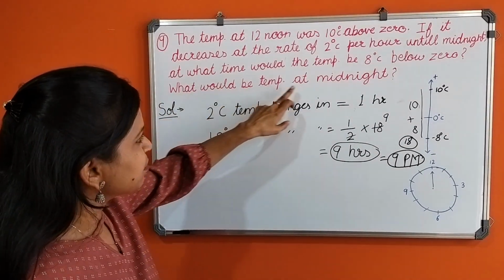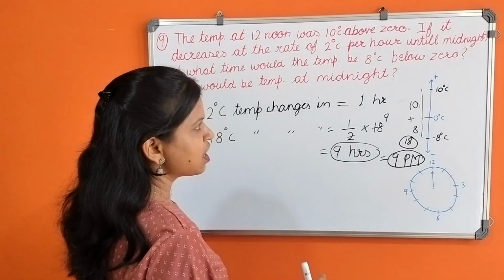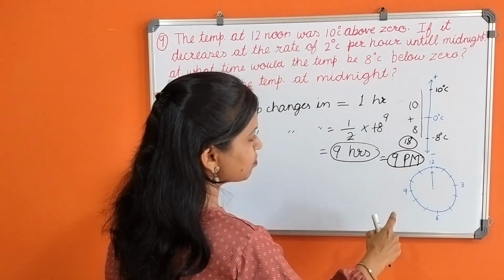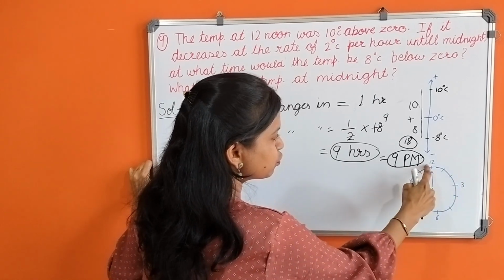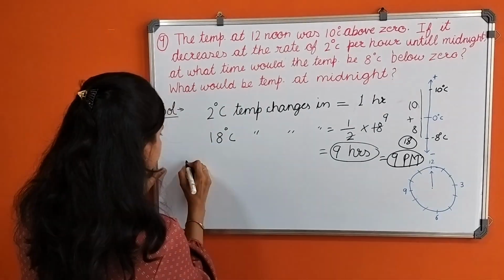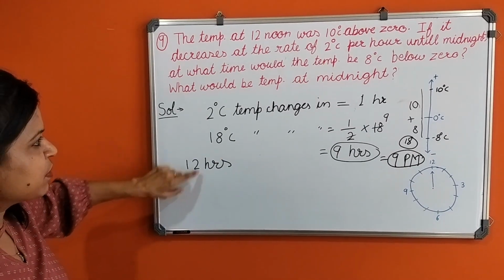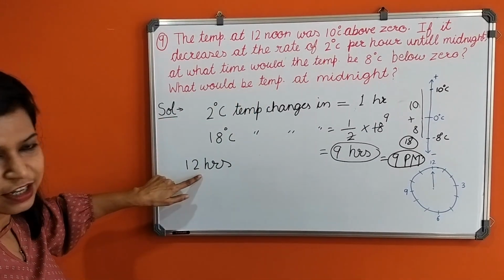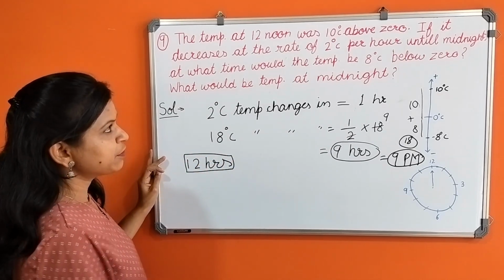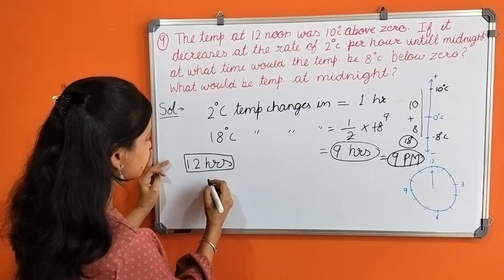Similarly, what would be the temperature at midnight? So, till midnight, if we start from 12 noon, how many hours are there for midnight? 12 noon to 12 in the midnight. One full round means 12 hours. Now we have to find what is the temperature after 12 hours. To find this, we have that temperature changes 2 degrees centigrade in 1 hour.